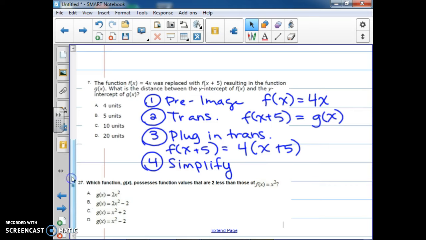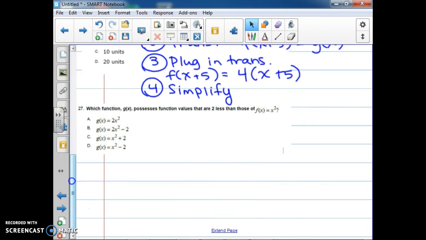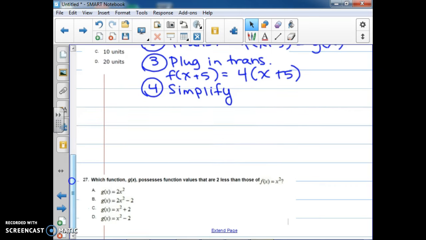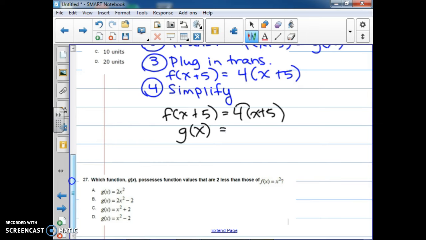So we know that f of x plus 5 will be g of x. And so I'm going to write this again. So this should become g of x. And then I'm going to distribute here. 4 times x is 4x, and 4 times 5 is 20.